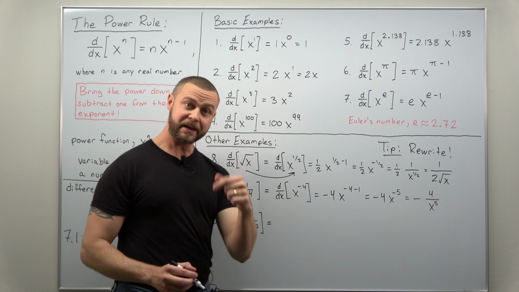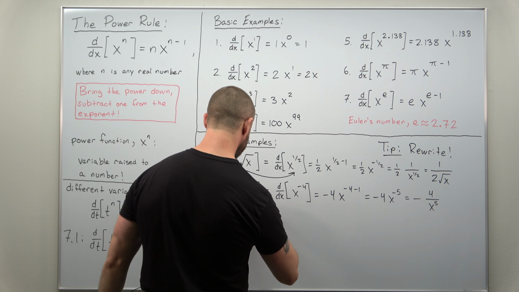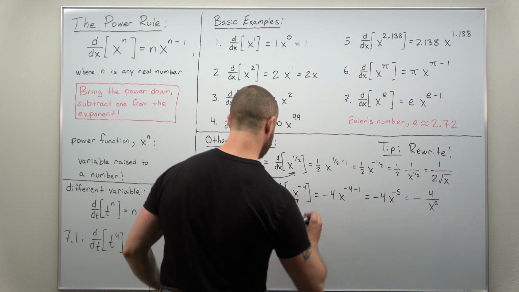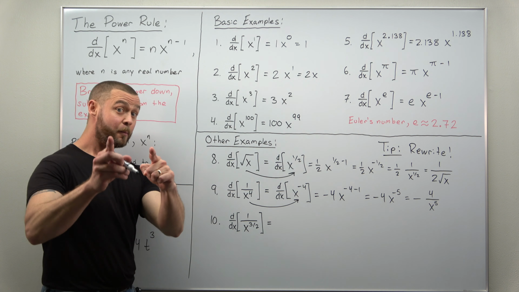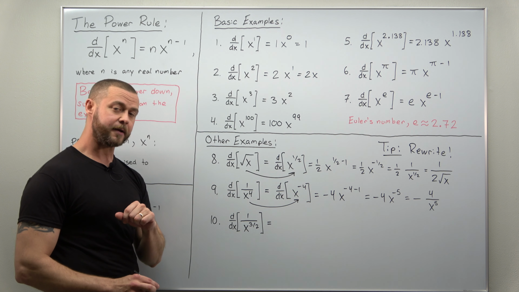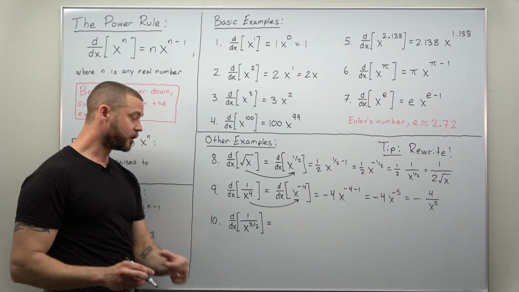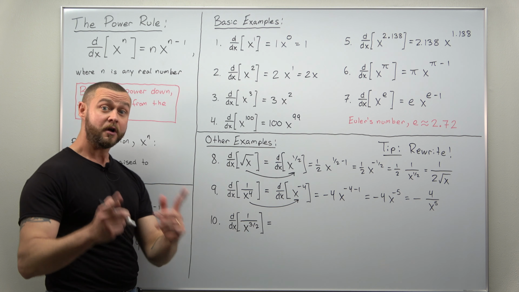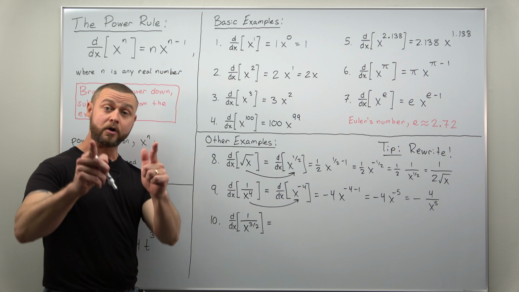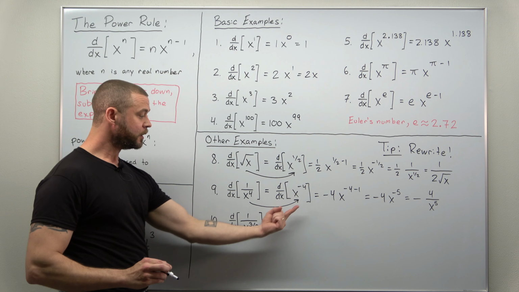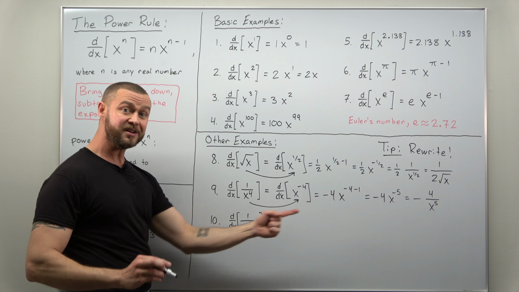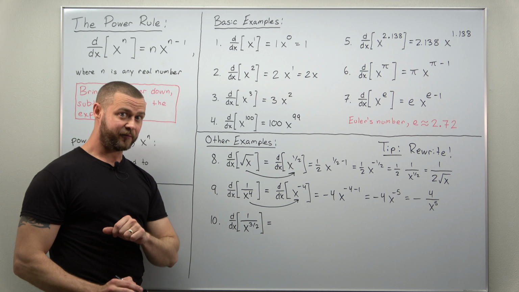All right, so here, the key step to make this easy. Again, we were rewriting the function before you differentiate. Now, a little bit later, you're going to learn about a rule for differentiating fractions called the quotient rule, but you don't need to apply that here because you can just rewrite your function as x to the negative 4th.